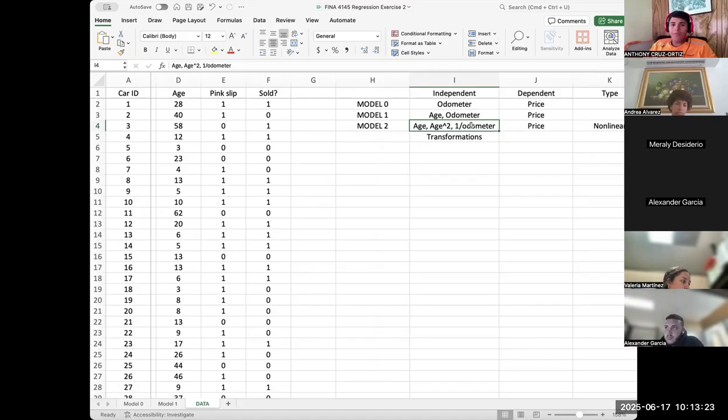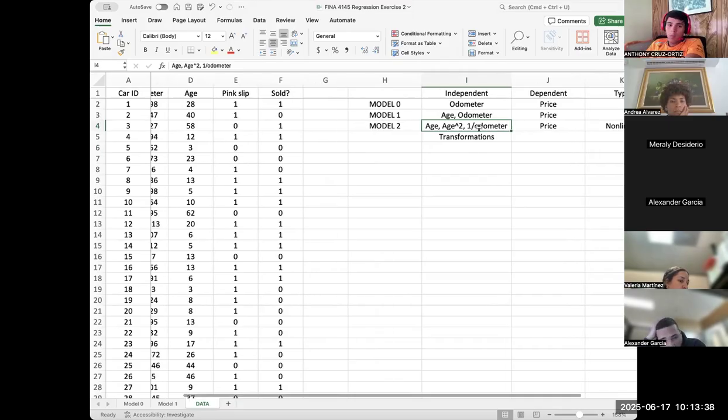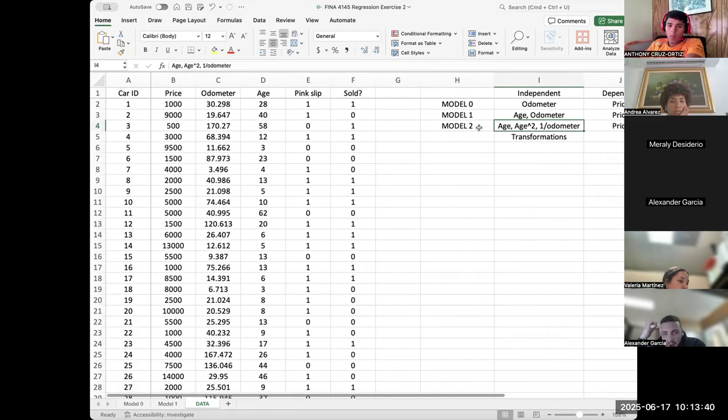Okay, so you just create new columns with age square and 1 over odometer. And this is going to be fine. You got to be careful with data that has zeros in it. Obviously, you can't take 1 over 0. So you're going to have to be careful about something like that if you ever do a transformation. But you can make adjustments for that.